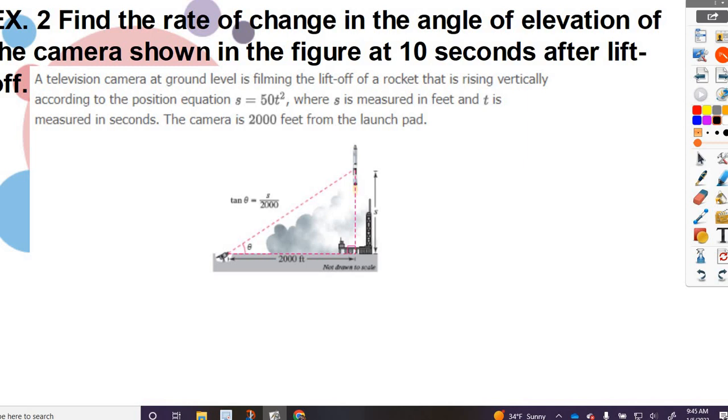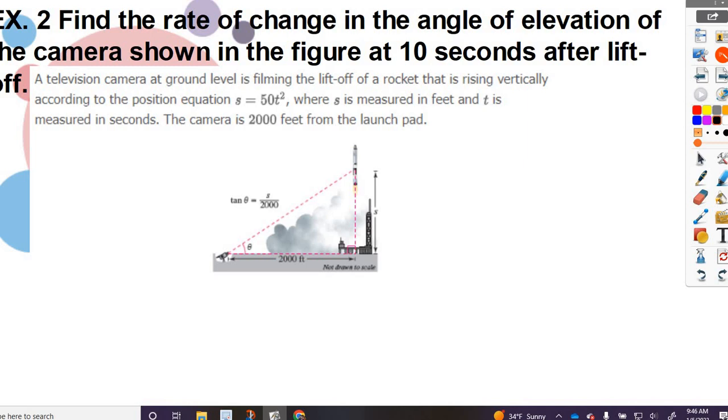We do, so that's going to be our S, which is the distance. Do they give us anything else? Okay, they give us this bottom number.